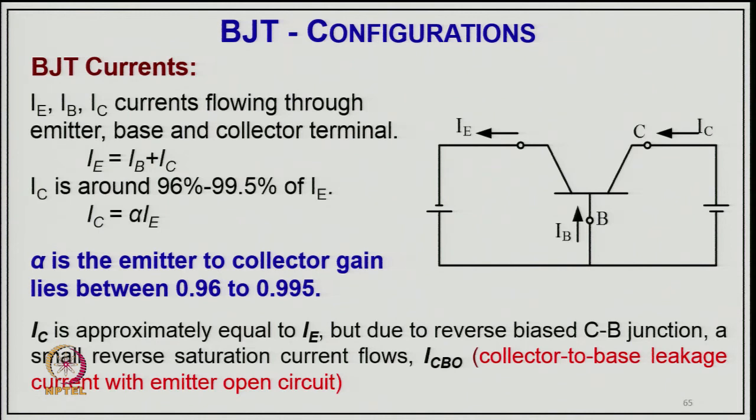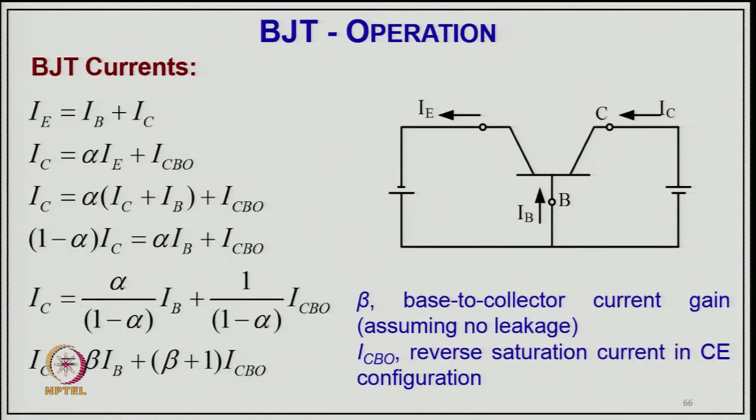Alpha is the emitter-to-collector current gain, which lies between 0.96 and 0.995, and IC is approximately equal to IE, but due to the reverse-biased CB junction, a small reverse saturation current flows. ICBO is the collector-to-base leakage current with the emitter open circuit.